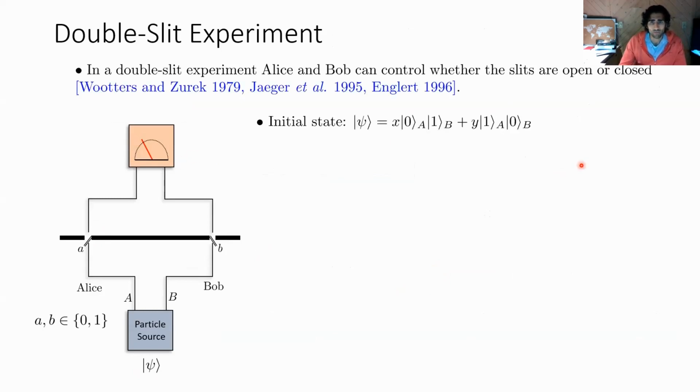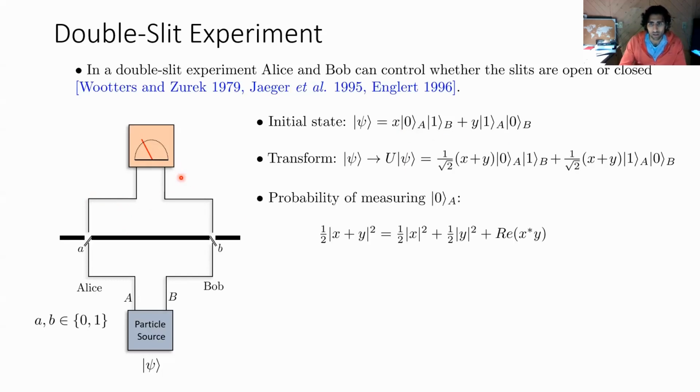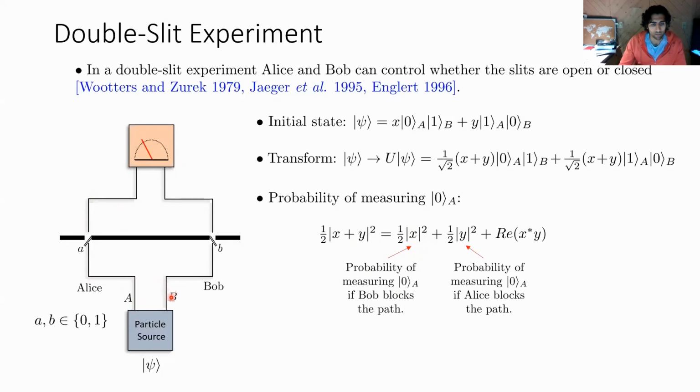And so if we start off with some superposition of paths, and then there's a transformation here, which is again just like a Hadamard transformation in the path basis, you can work through the calculation, and the probability of measuring 0 is just given by this amplitude here, where you can interpret x as the probability of measuring if Bob blocks the path, meaning that the particle has gone through here, and y is the probability of a detection if Alice blocks the path, meaning it goes through the second slit.